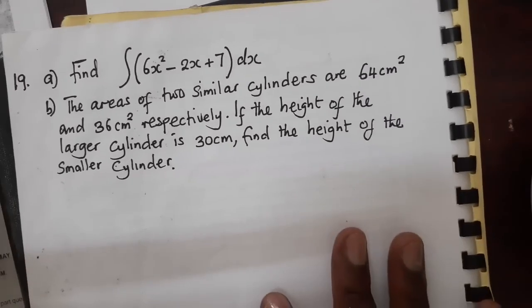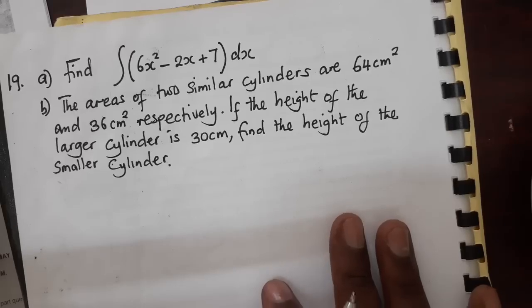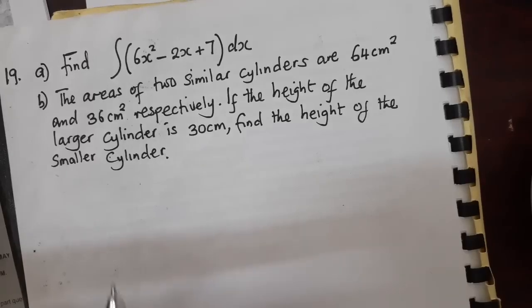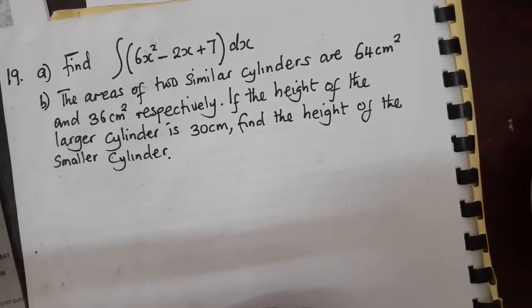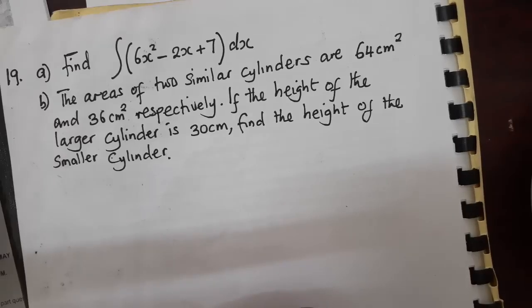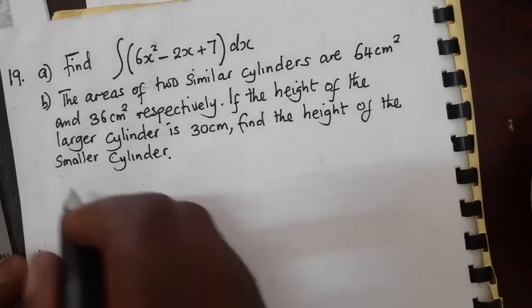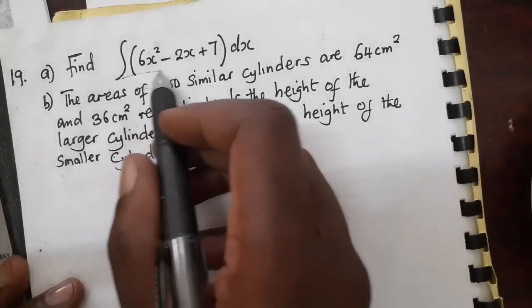So as you can see, the question has two parts. So the first one is integration. So we are supposed to integrate this one with respect to x. All right, so we need to integrate this one.